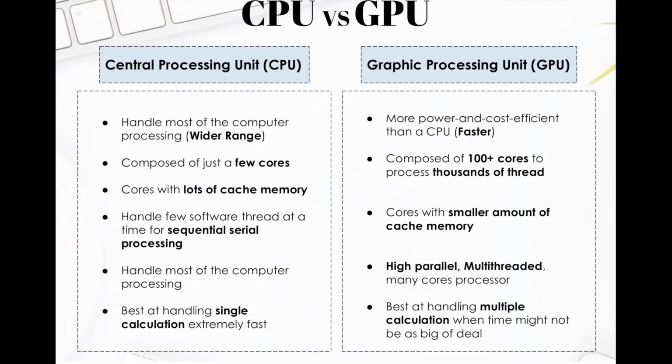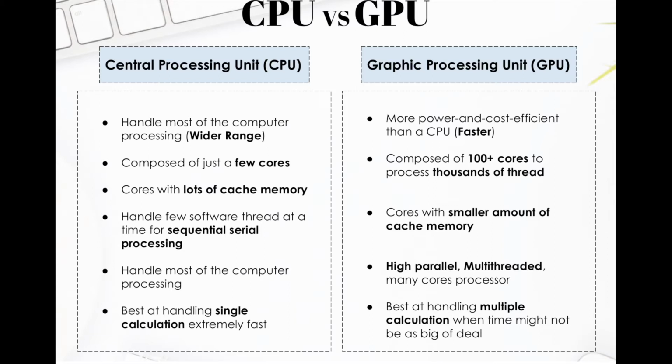The CPU consists of only a few cores, whereas the GPU is composed of over 100 cores to process thousands of threads, accelerating some software by over 100 times more quickly than a CPU alone. And it helps to make time-sensitive calculations for 1000 pixels at a time, making it possible to display complex 3D graphics.